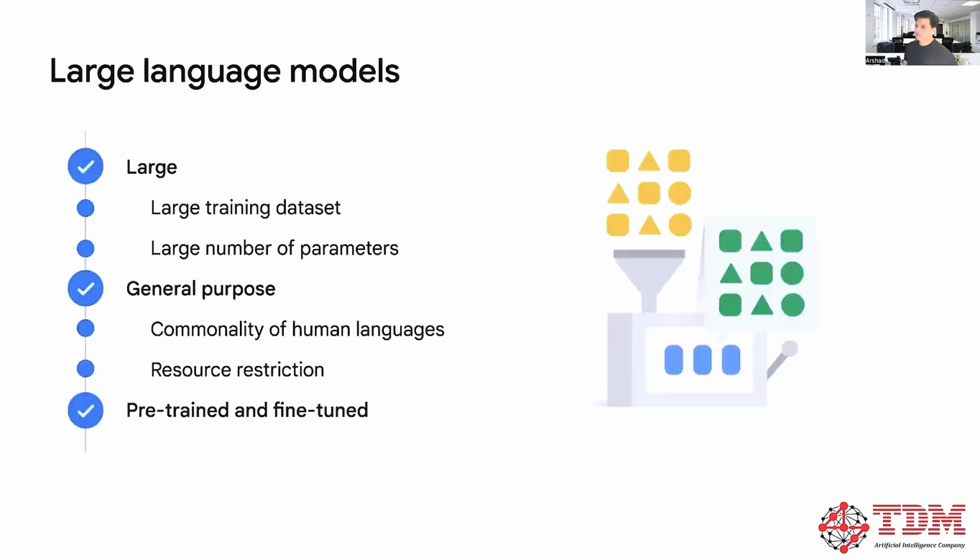So large language models are defined as large data sets with huge parameters. We looked at it, and the purpose is to create, from an input, a human-generated language kind of output, and pre-trained models can also be fine-tuned.